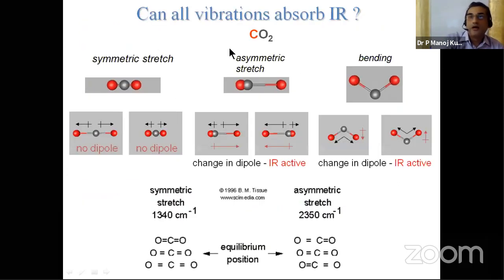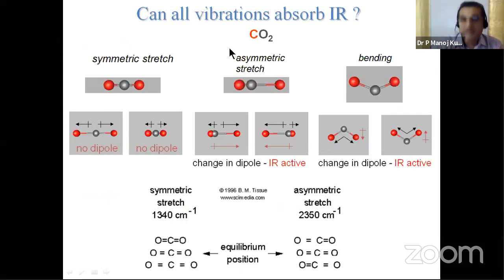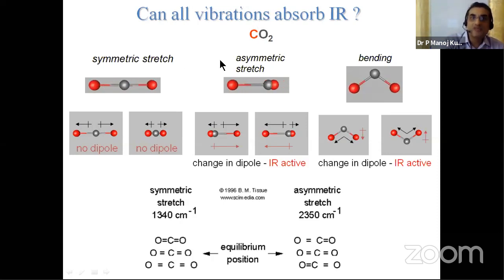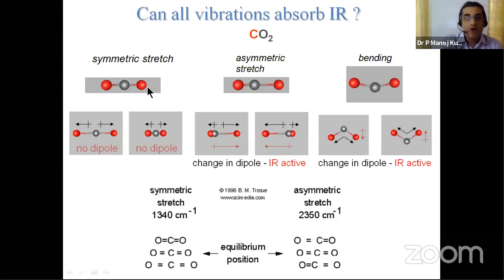Again, here I am coming back to the principle we discussed. What is the importance of the dipole moment? If you take carbon dioxide, three types of vibrations can happen here: symmetrical stretching, asymmetrical stretching, and bending. In symmetrical stretching, the two dipole moments are in opposite directions because the two oxygens move in phase, coming towards carbon and moving away.